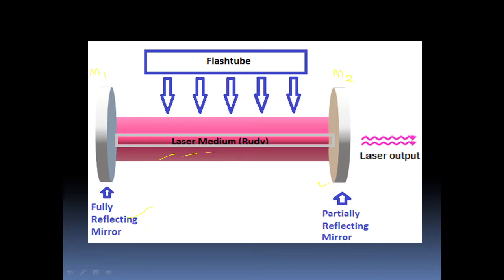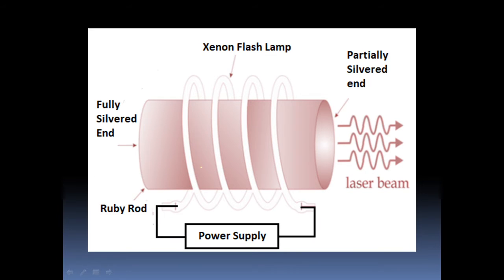And at the end, after gaining a particular momentum, the photons come out from this mirror in the form of laser. That was the block diagram.